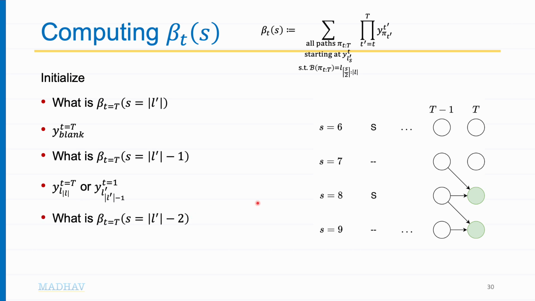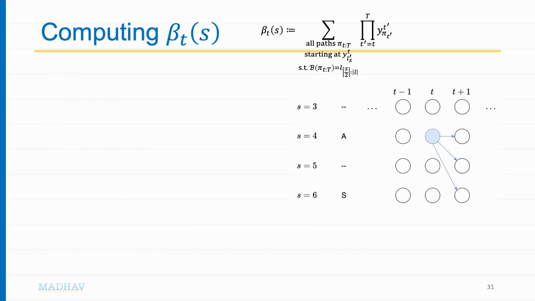And what is it at this node, S equal to L dash minus 2? Are you sure? Because no valid path will end up here. So probability is 0. So it is 0 for all the S which are less than L dash minus 1.